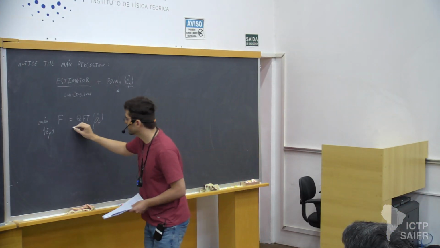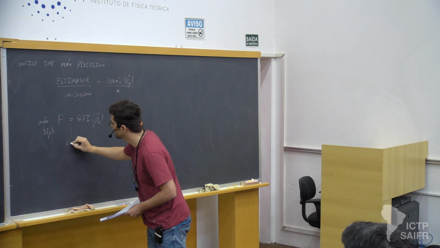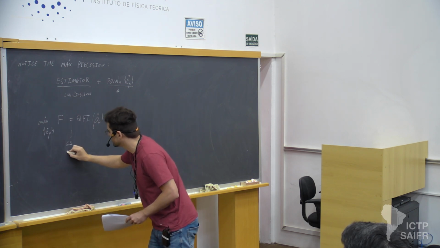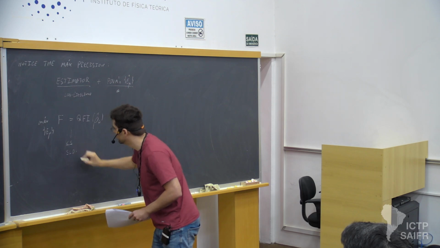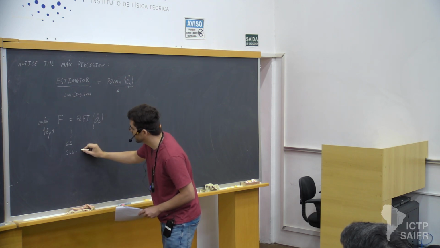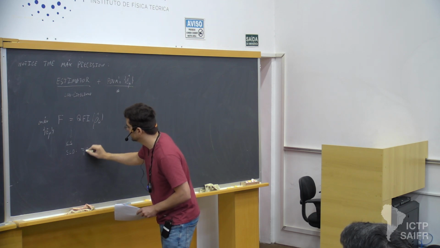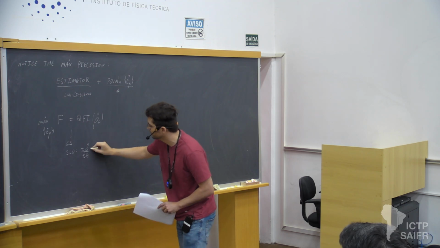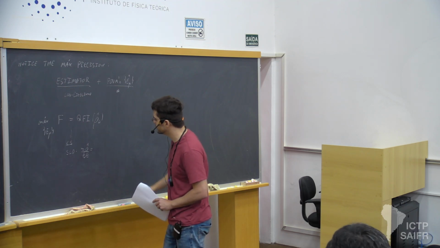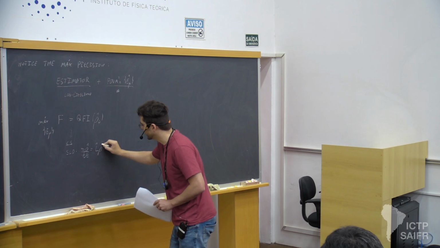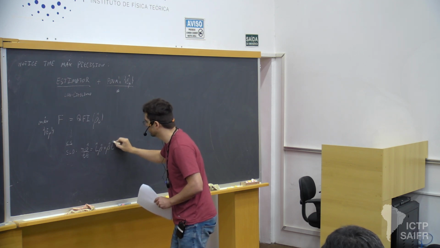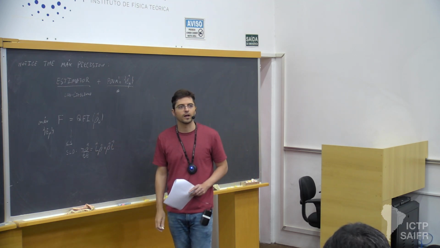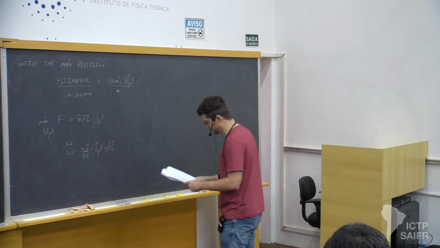I'm not going to give the details here, but it uses Cauchy-Schwarz inequalities a few times, and also a very clever idea called the symmetric logarithmic derivative operator. You show that there's always an operator that satisfies this type of equality, that when you differentiate your density matrix with respect to your estimated parameter, there is a Hermitian operator that anti-commutes with your density matrix, and then you can use this property to show this equality at the end. Okay, I'm not going through details.